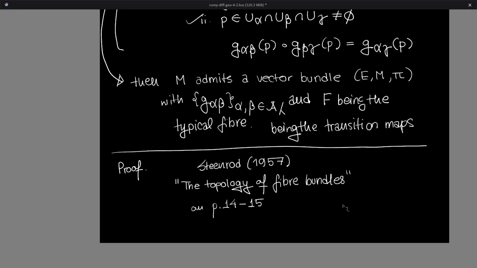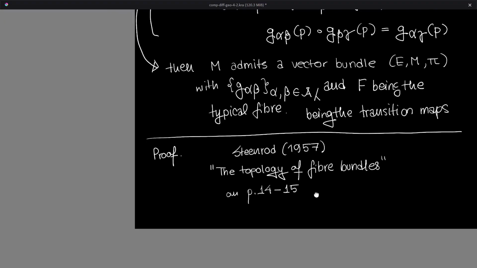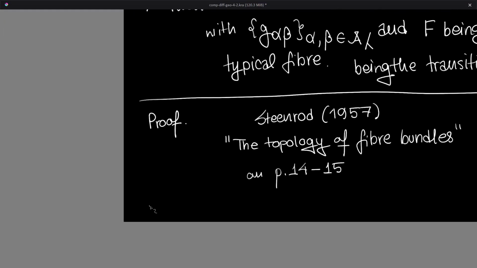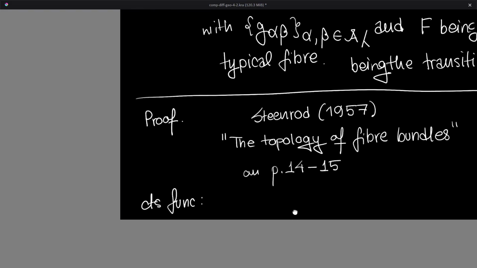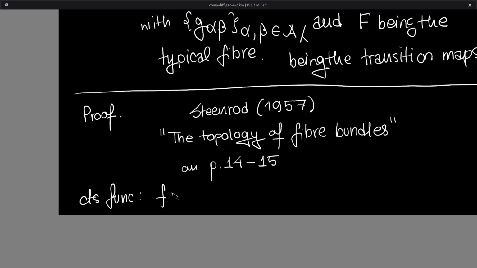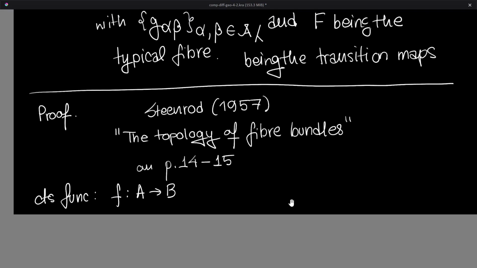But right before we get into it, there is one important thing to say, which is I want to remind everyone what a continuous function is. A continuous function, let's say that f going from A to B, where A is the domain and B is the codomain, is continuous.